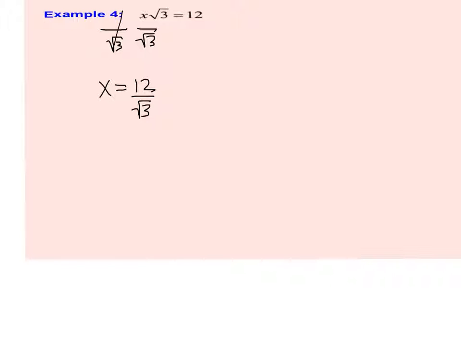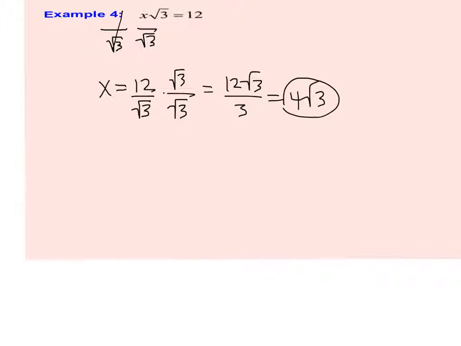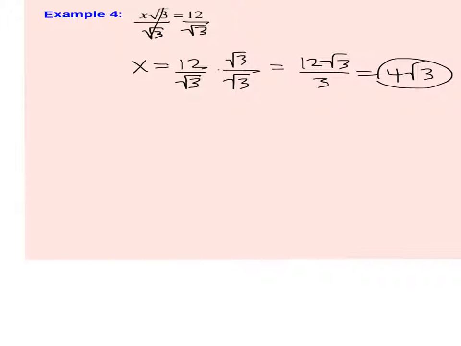Well, now you know that we can't leave radicals in the denominator, so I could quickly rationalize this by multiplying by root 3 over root 3, and I'll get 12 root 3 over 3, or 4 root 3. So in this case, I didn't have to square both sides of the equation because the variable wasn't underneath a radical. So just be careful making sure you notice the difference between example 3 and example 4.